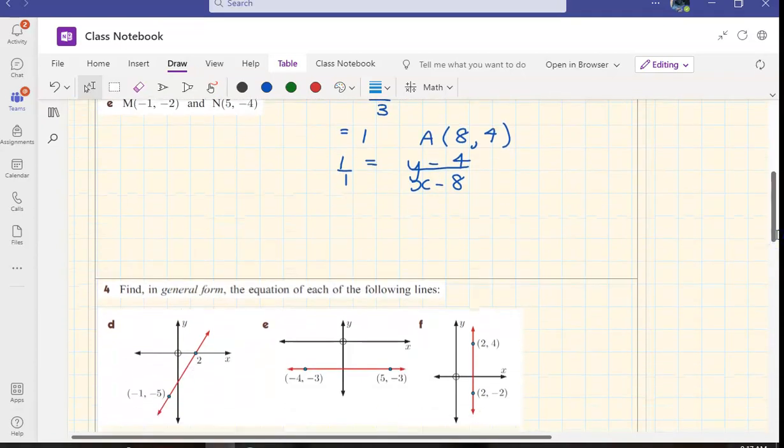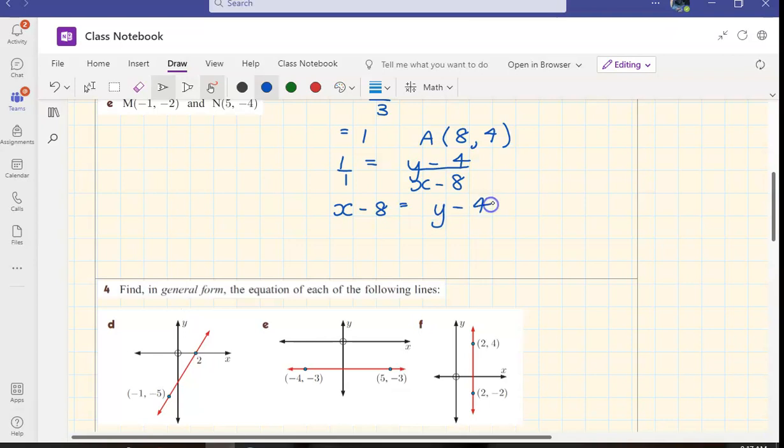You just cross multiply. If you didn't know how to finish it off, you go, I don't like this divide by X take 8, so let's get rid of it. How do we get rid of a divide by X take 8? Times. So it becomes 1 times X take 8 equals 1 times Y take 4.